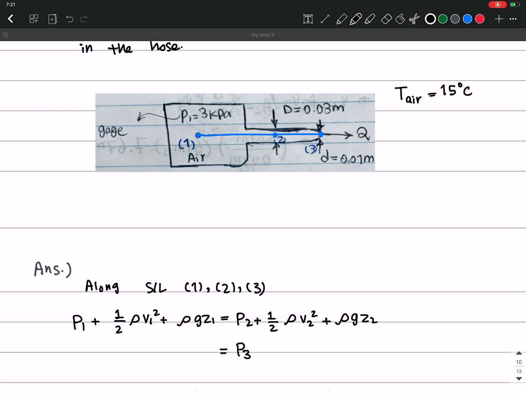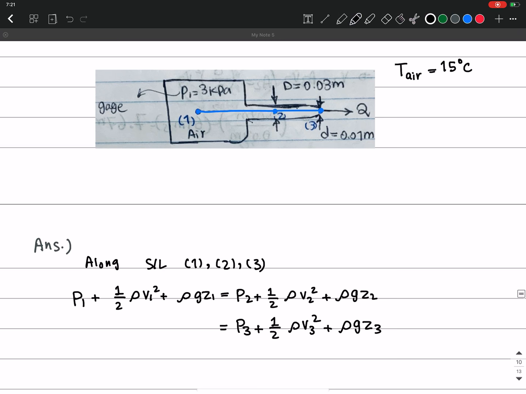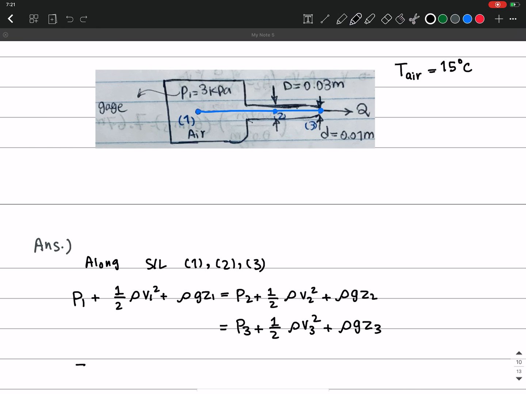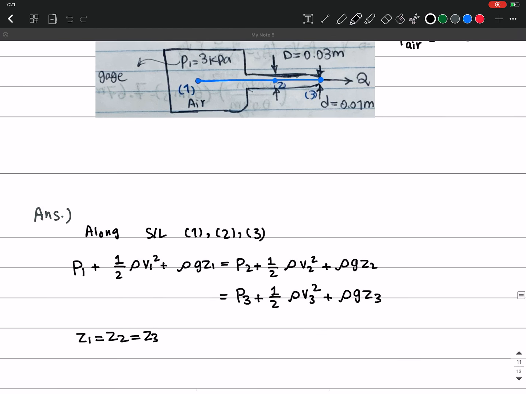For position 3 or location 3, it's going to be P3 plus 1/2 rho V3 square plus rho g Z3. Okay. From the configuration shown in the figure, I can say that Z1 equals Z2 equals Z3. This is the first thing I can say.